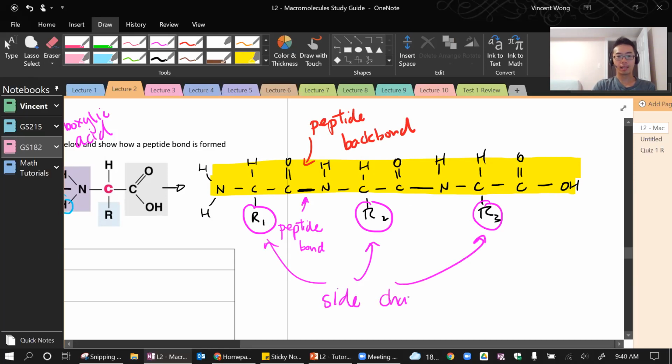Each time you create a peptide bond, there's one peptide bond here, another peptide bond, you will have to remove a water molecule. So to connect 3 amino acids together, I would be removing 2 water molecules.